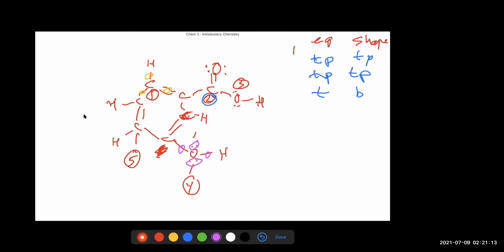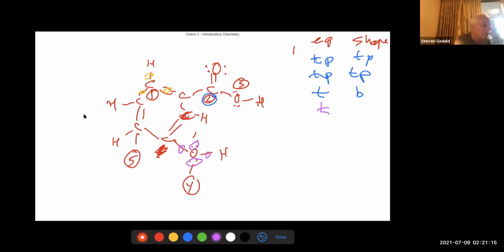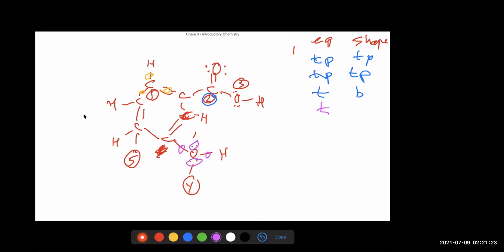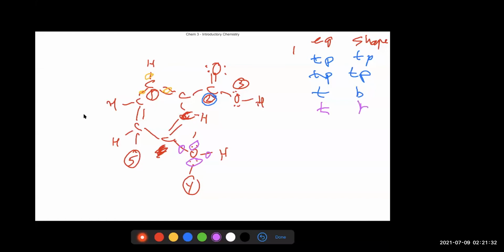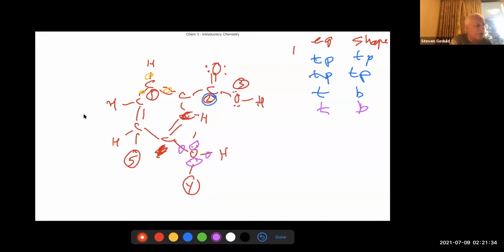Perfect. So it's tetrahedral. And what is the shape? No, not the shape. Electron geometry is tetrahedral. What's the shape? Let's see. Is it bent? Yep, it is bent. 2 parts to it. Perfect.